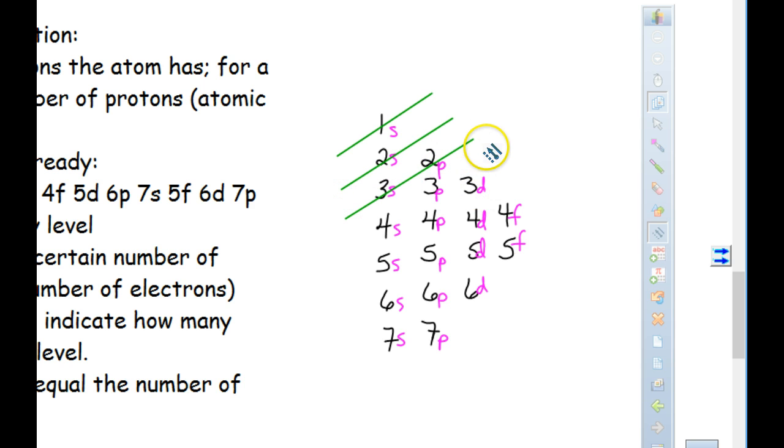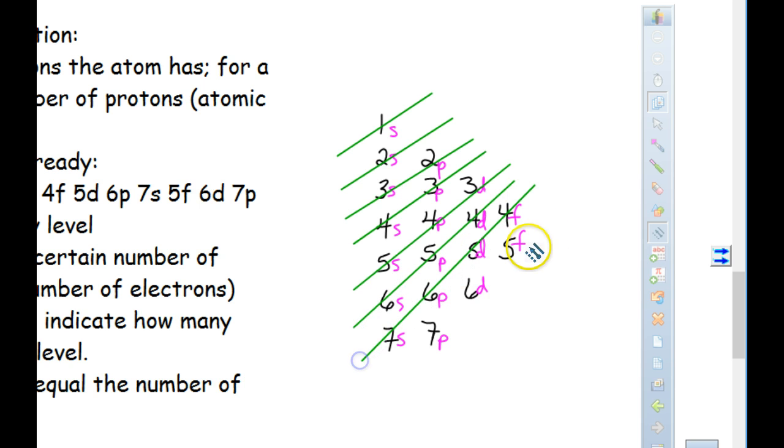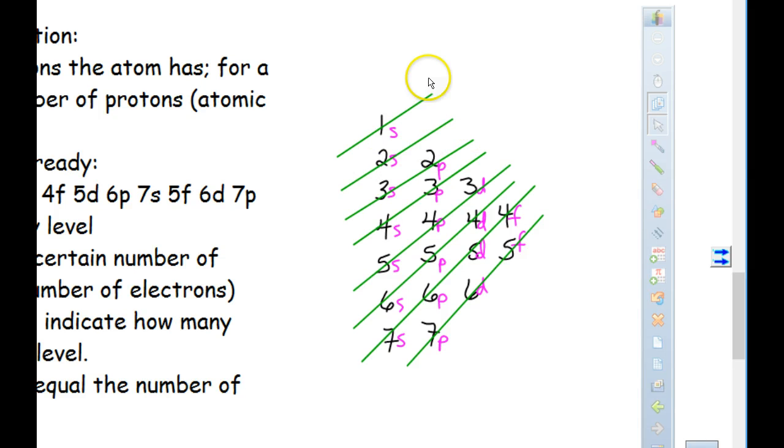And what these diagonals are going to do is actually provide you that order that I had typed for you to the left. So if you follow from the top of the diagonal down, it gives you that same order.